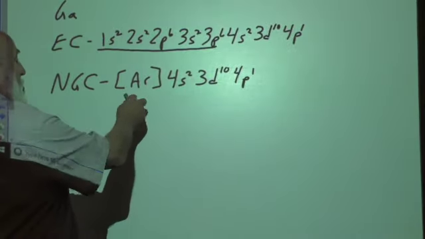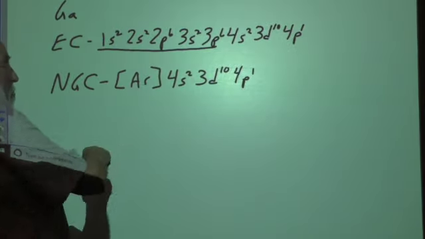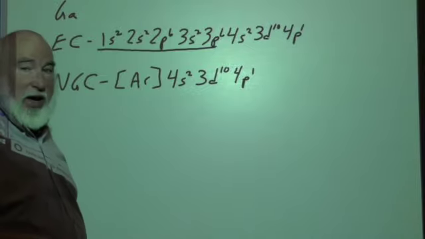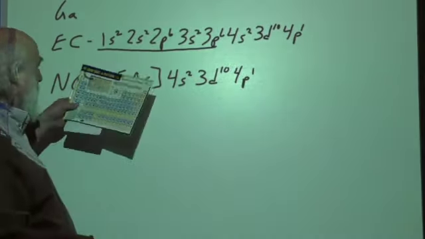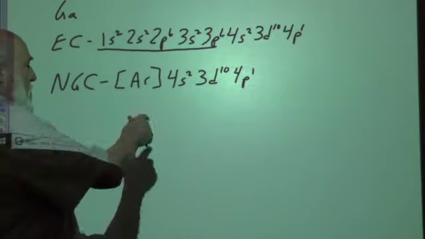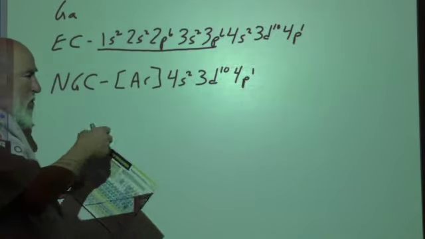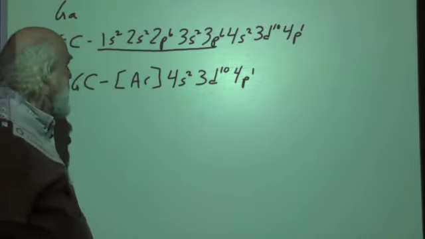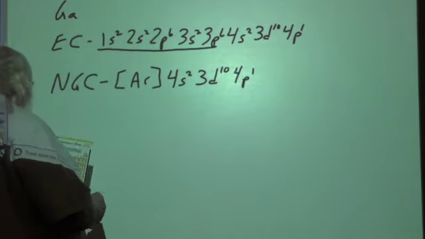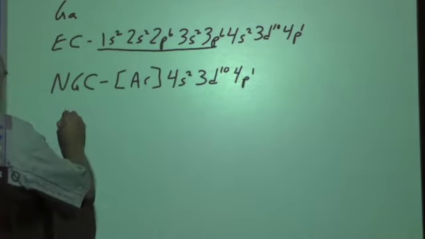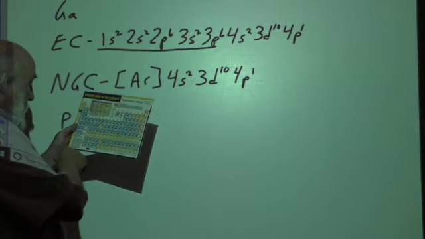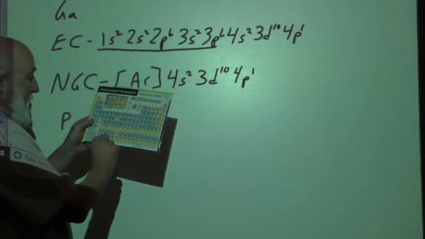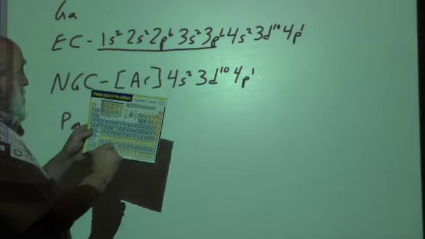Everybody is assumed to know that all noble gases end in p6. But there's a bunch of different stuff in the middle between the 1s2 and the 3p6, which you can all scrunch into this Ar. So let's do the same thing with protactinium, Pa. Protactinium is all the way down, the second 5f here.